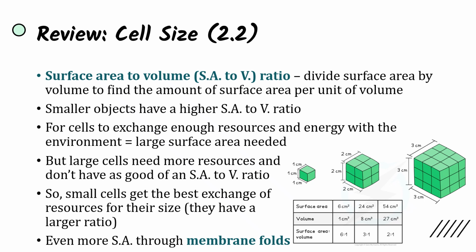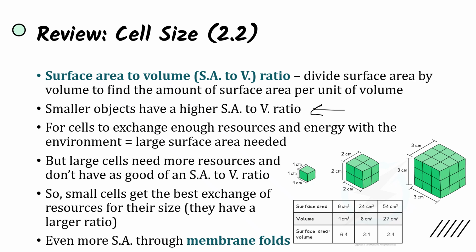And basically, you're dividing the surface area by the volume for this ratio to find the amount of surface area per unit of volume. And smaller objects tend to have a higher surface area to volume ratio. We can see this with the example down here, these cubes. So first of all, we have the small cube, 1 by 1 by 1. The volume is going to be 1 centimeter cubed, and the surface area is going to be 6.